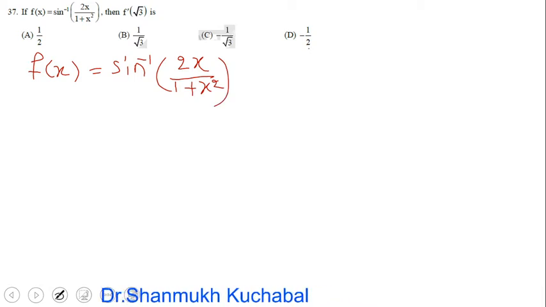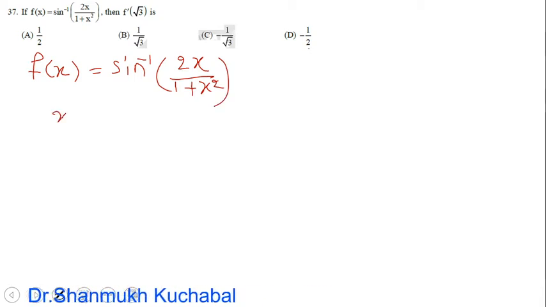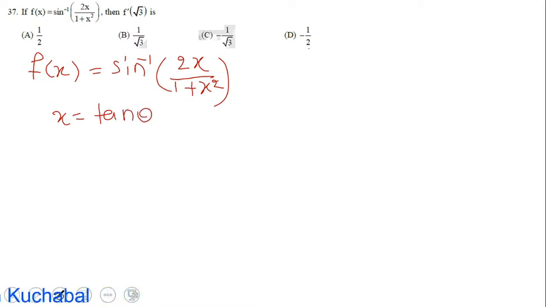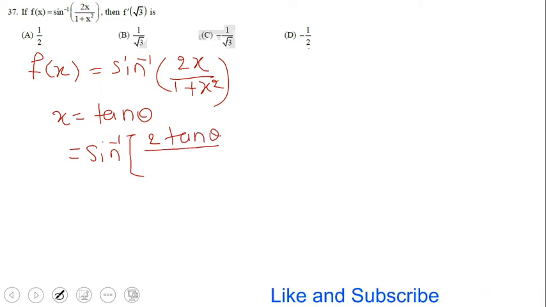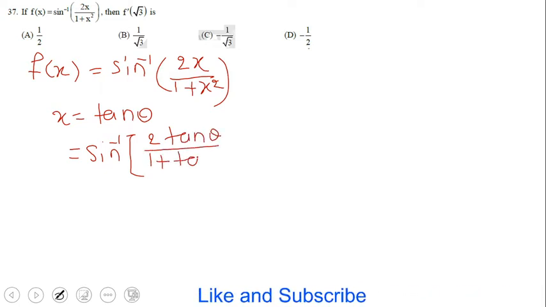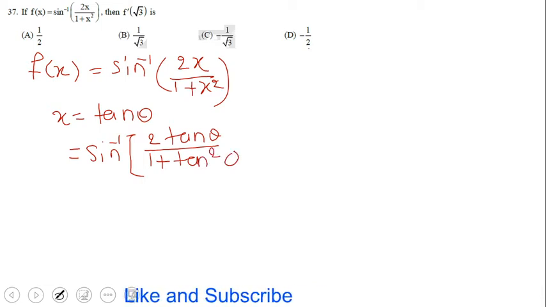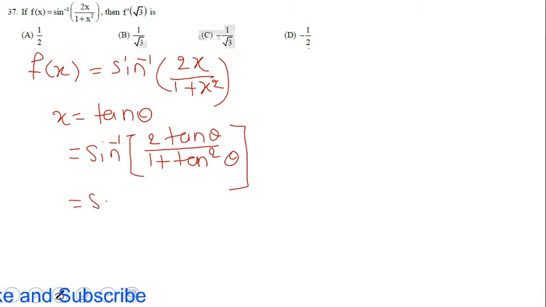I use the method of substitution, so I will put the value of x as tan theta here. So this will become sine inverse of 2 tan theta divided by 1 plus tan square theta.